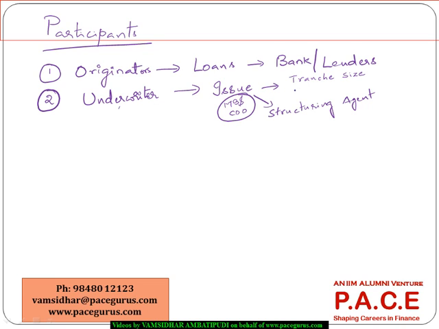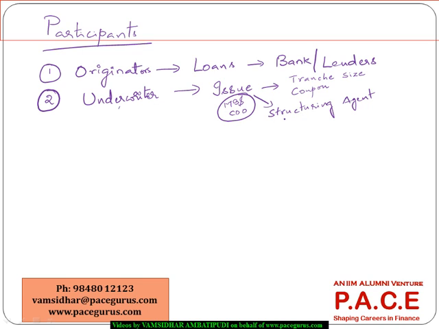Then what the coupons should be, and what credit ratings should be associated with each of them. This party would be responsible for issuing these instruments to the investors.